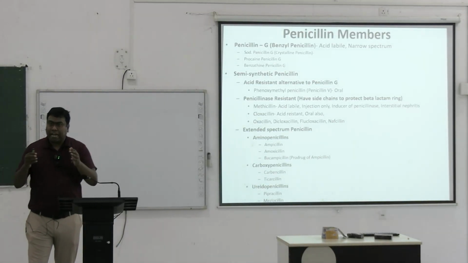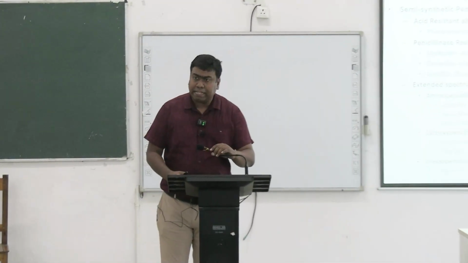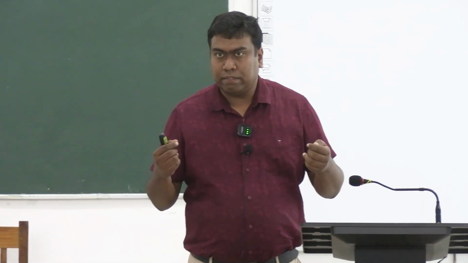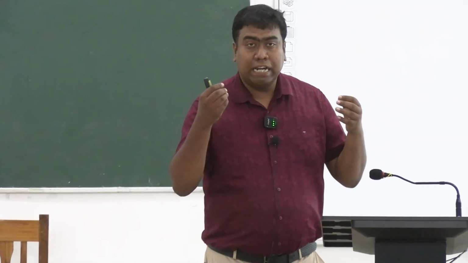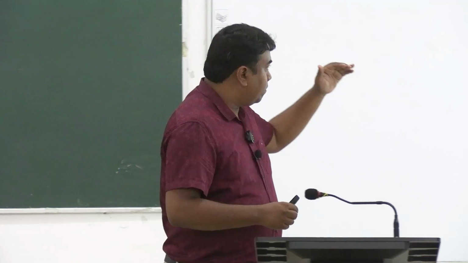So what are the disadvantages of penicillin proper? First, it cannot be given orally. Do you prefer an injectable drug or an oral drug? Oral drug, because it requires less skill. So that is the first thing.